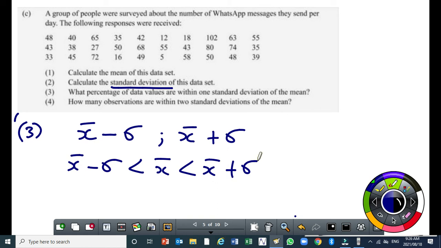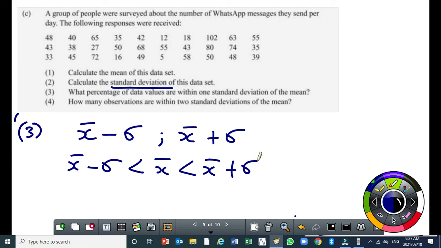But the question is asking what percentage of data values, so we need to know how many values are between x bar minus sigma and x bar plus sigma based on the data set. Are you following that?